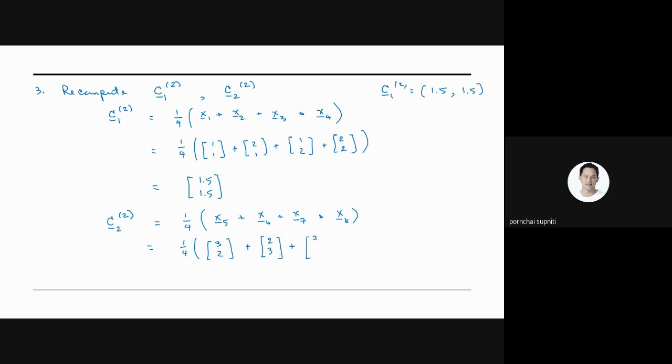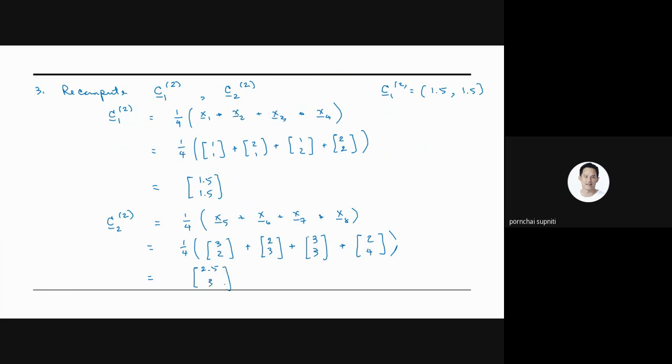I think it's 3, 3, right? And then x8, I think x8 is 2, 4. Thank you. So we just sum it up like that. Here you get 3 plus 2, you get 5, plus 5 plus 5, you get 10, 10 over 4, you get 2.5. And at the bottom, you get 2 plus 3, you get 5, 5 plus 7, you get 12, 12 over 4, you get 3.